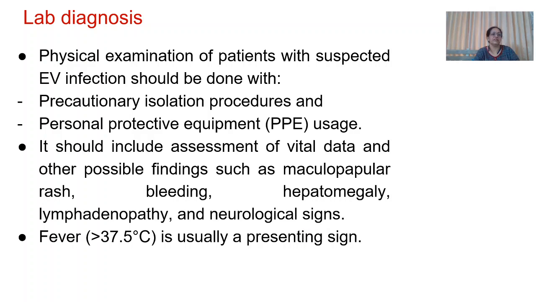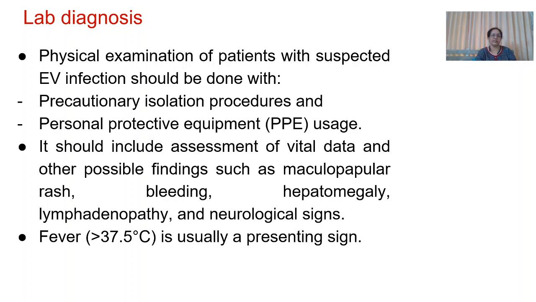Next part is laboratory diagnosis. Upon appearance of symptoms, the samples may be collected, but before that, symptoms also serve as a main tool for diagnosis of the disease. So physical examination of patients with suspected Ebola virus infection should be done with precautionary isolation procedures and personal protective equipment, that is PPE usage.